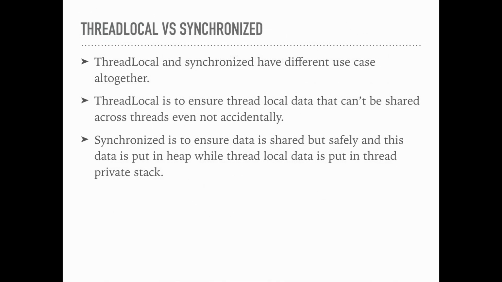All right. So, what is the difference between thread local and synchronized, or which one should be used when, or are both the same, just with some performance related difference? Basically, thread local and synchronized have different use cases.